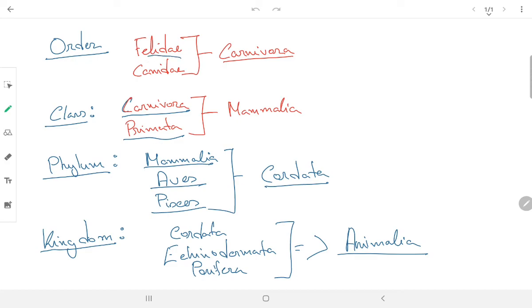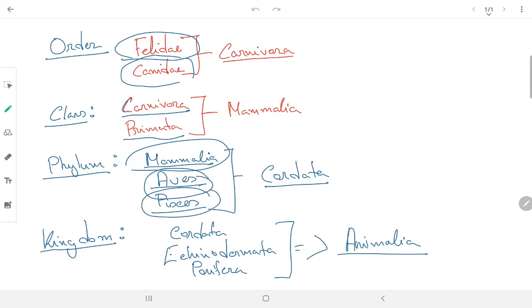Any one step, suppose Canidae, suppose Felidae, suppose Mammalia, any phylum, any class, any step among this hierarchy is a taxon. Taxon is the singular form. The plural form of taxon is taxa. So I hope these terms are clear to you, and how this taxonomical hierarchy goes hand in hand is also clear.